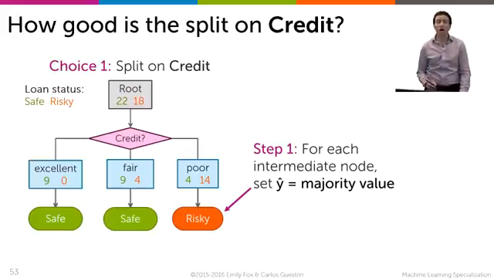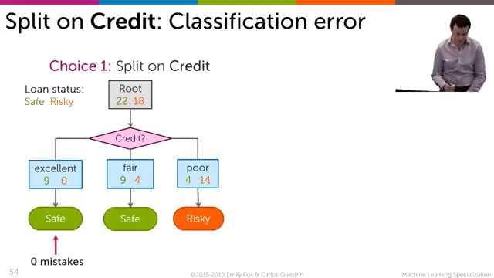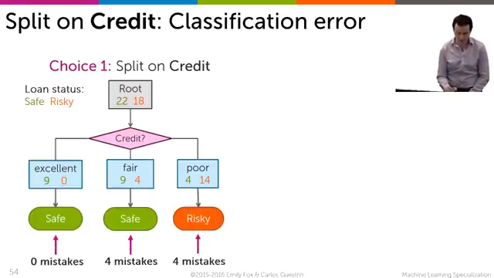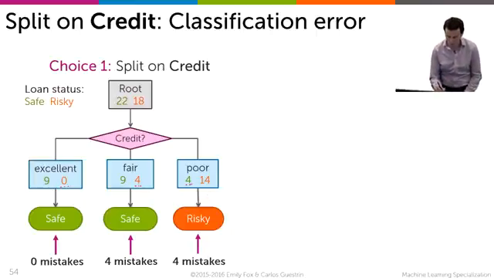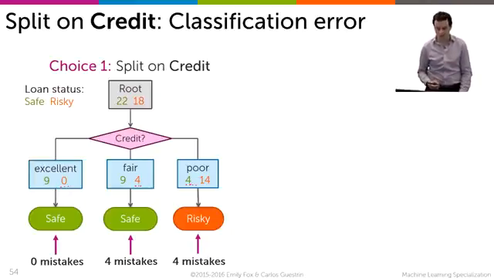And if we look at how many mistakes we make, you see that for the data that had excellent credit, we make 0 mistakes because everything was safe there. For the data that had fair credit, we're going to make 4 mistakes. There were 4 risky loans with fair credit. And for the data that had poor credit, we'll see there's 4 mistakes again because there were 4 safe loans when we had poor credit. So let's compute our overall error.